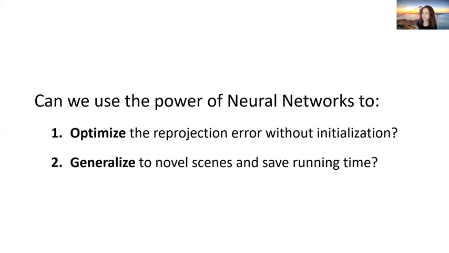But now, since I have a neural network that can solve it, the next step is taking this network and applying it to novel scenes, and this way generalize, and this could really improve the running time.